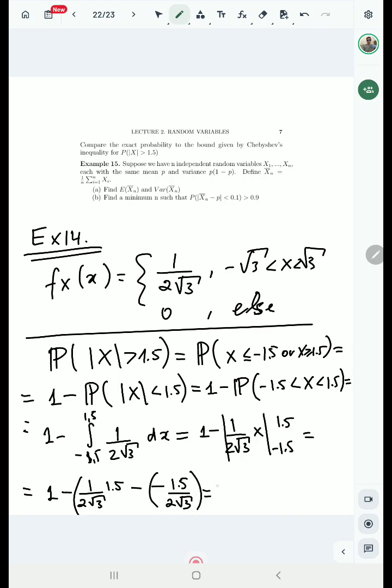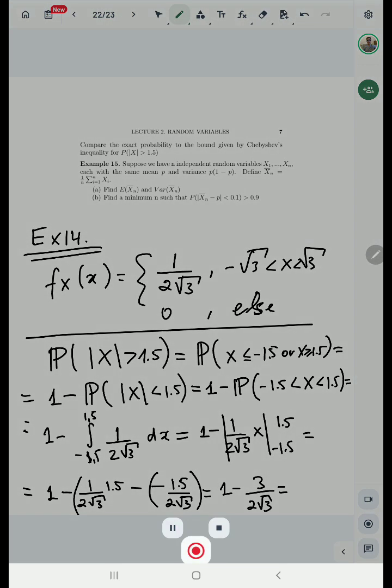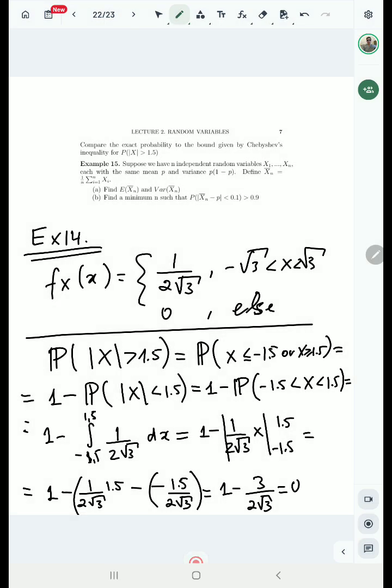So that gives you 1 minus 3 over 2 square root of 3, which is approximately equal to 0.13. Okay, that is the exact probability.